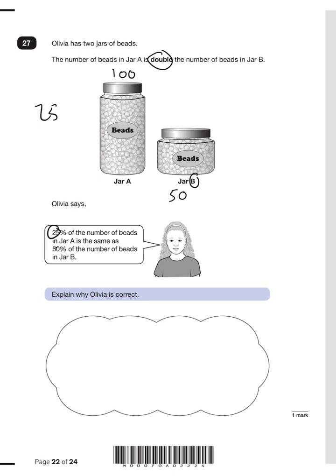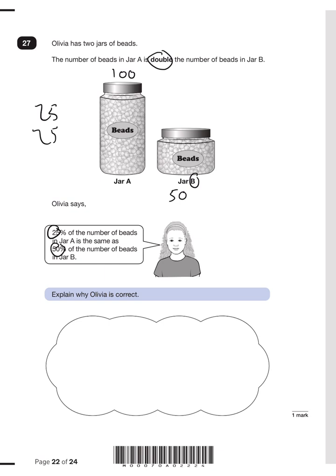And now to get 50% of 50, we need to halve 50, and that would equal 25 again. So she's right. 25% of the number of beads in jar A is the same as 50% of the number of beads in jar B.